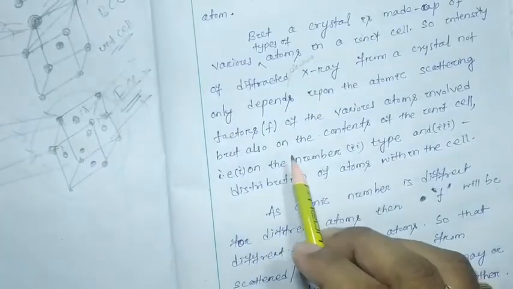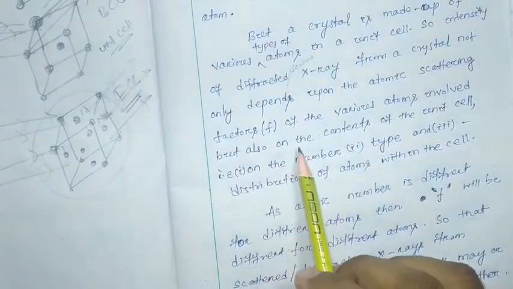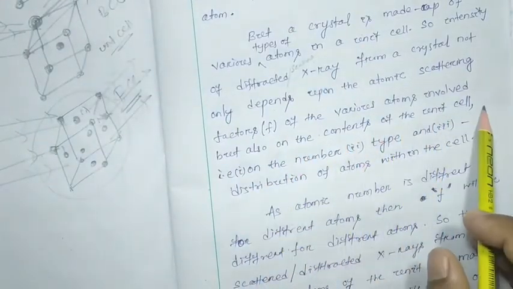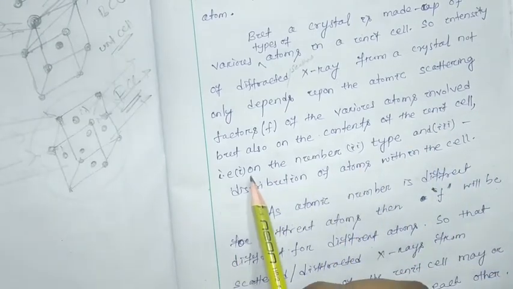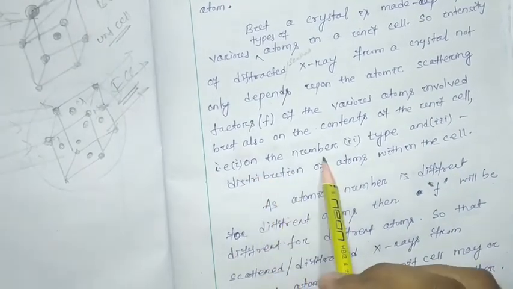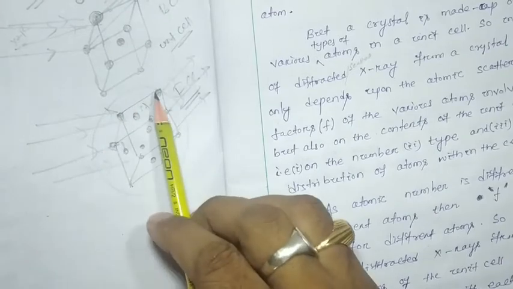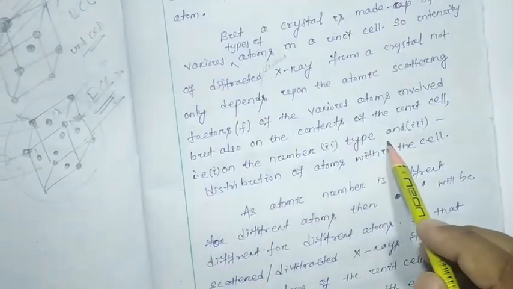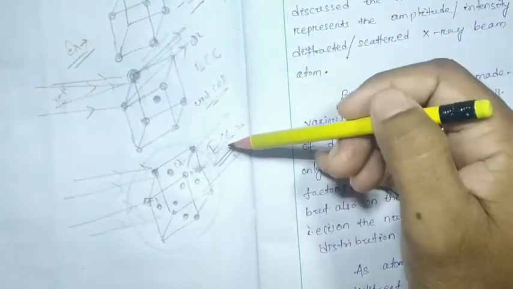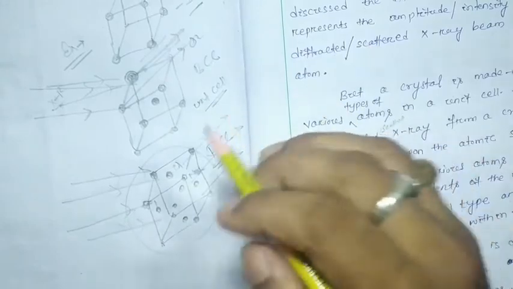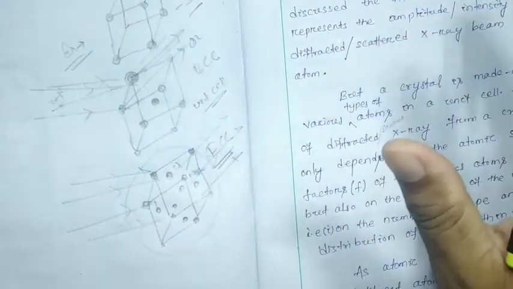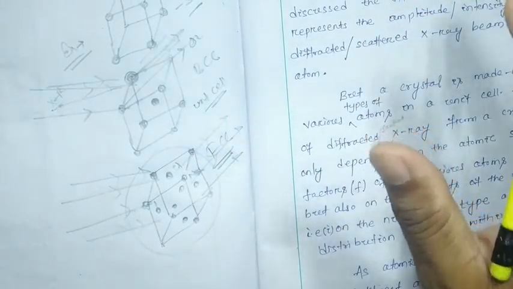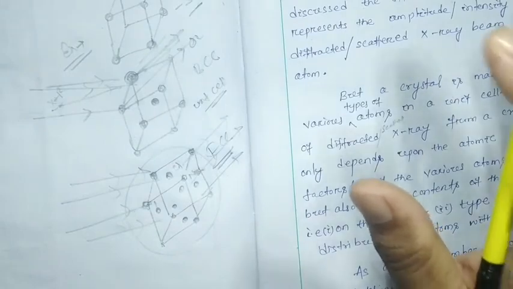So that has been written: but also on the content of the unit cell, that is, first the number of atoms, how many will be present in the unit cell; second the type, it may be simple cubic or body center cubic or face center cubic or hexagonal or rhombic or whatever, all the 14 lattice structures I am going to consider.